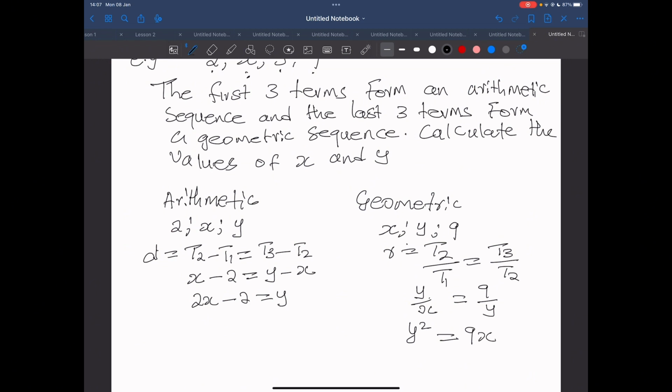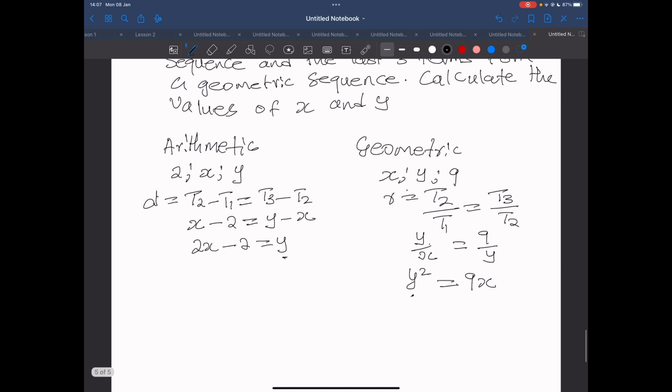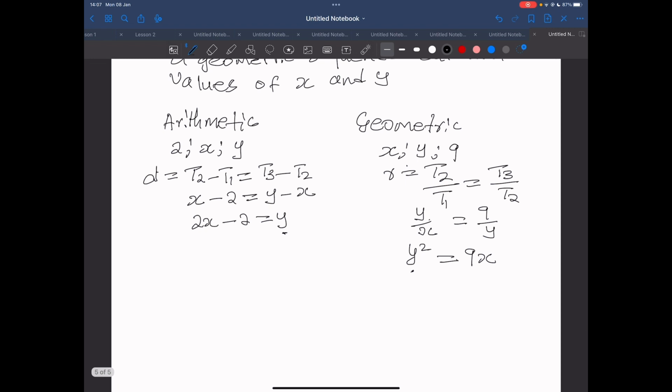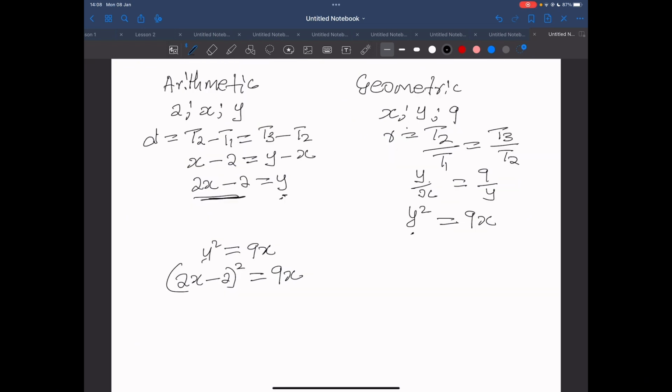Right, so we are going to substitute this y value here so that we can solve for x. We have y squared equals 9x. Now y is 2x minus 2. So where we see y, we put 2x minus 2. Let's substitute. We have 2x all squared, which is 4x squared. 2 times 2x times 2 is minus 8x, then plus 4. This equals 9x.